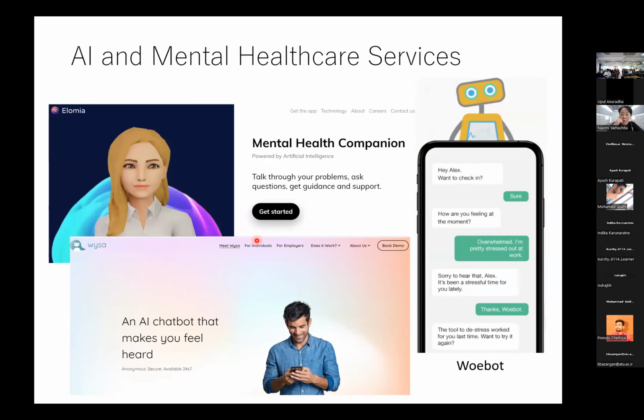And in fact, using chatbots in the mental health domain is not new. For instance, Woebot provides treatment to patients by delivering cognitive behavioral therapy, known as CBT. And there are also other services around the world already, and there are users using them.